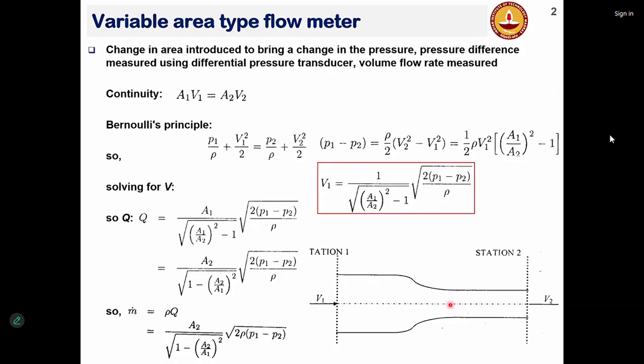So if you make it tapered from here to here, there is going to be a sudden change.